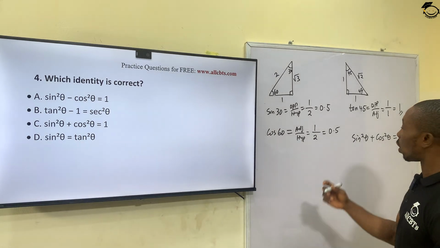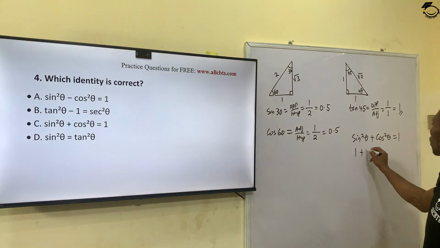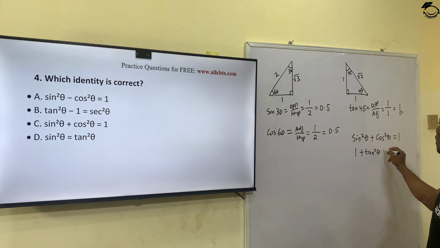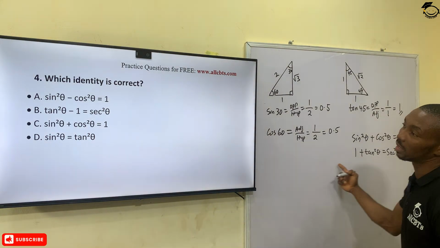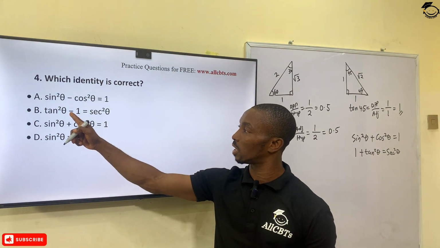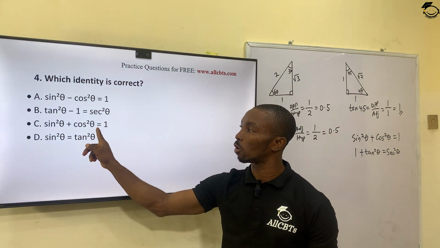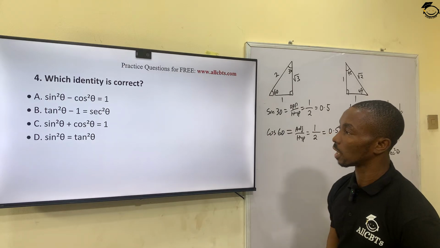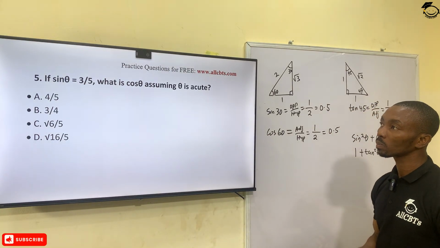Another one that would have been correct is 1 plus tan squared theta equals sec squared theta, but this isn't correct because this is a negative. So the correct identity here is option C, which is sine squared theta plus cos squared theta equals 1.